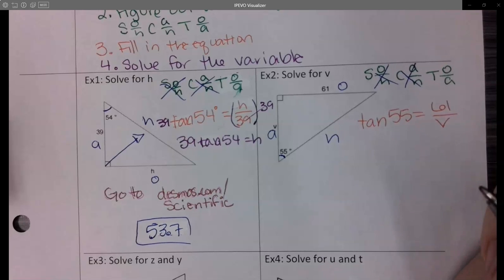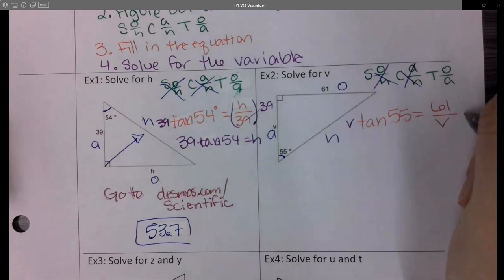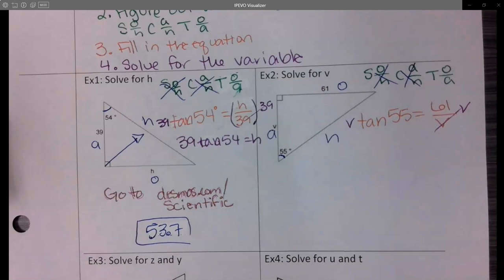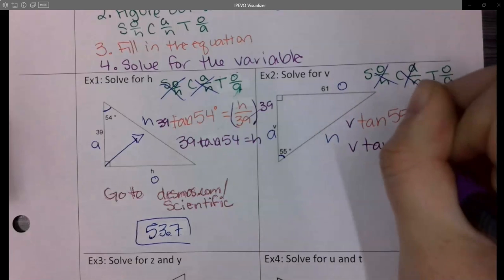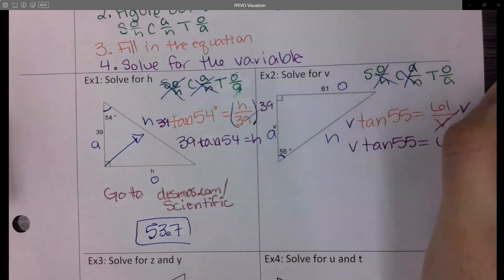Then I want to get rid of the fraction, so I'm going to multiply both sides by V. Then I'm going to have V tan 55 equals 61.